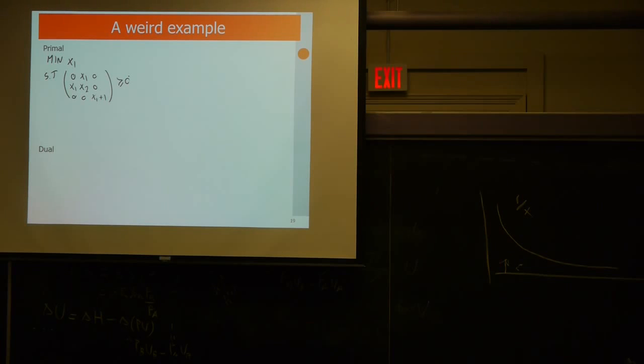In other words, I can rewrite this as x1 times a matrix, plus x2 times the matrix 0, 0, 0, 0, 1, 0, 0, 0, 0, plus the last constant matrix C. What should I write here? 1.